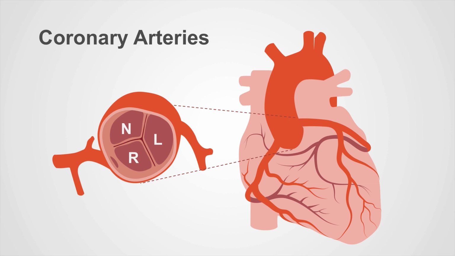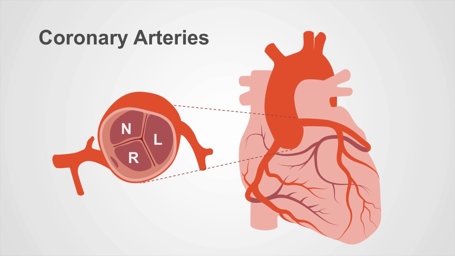The cusps of a normal aortic valve are similarly named in accordance with which coronary artery they're associated with, and you may have already come across this when studying the aortic valve in more detail or during an imaging or echo course. Here in the slide, you can see a picture of the coronary arteries arising from the aorta and their respective courses.